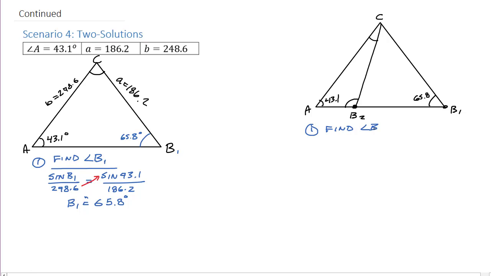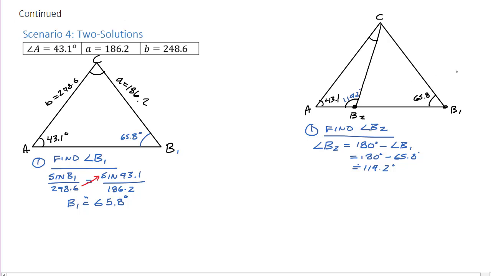All you have to do to find angle B2 is take 180 degrees and subtract angle B1 from it. So what's 180 minus 65.8? We're going to get approximately 114.2. That's what this is right here.